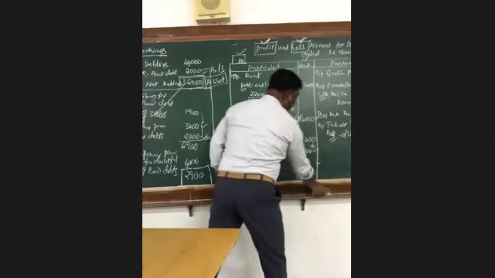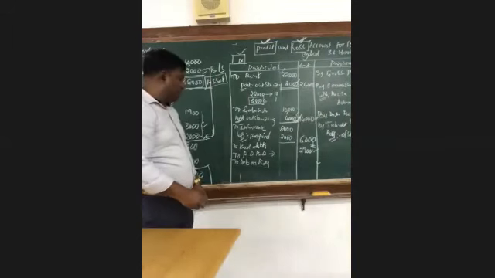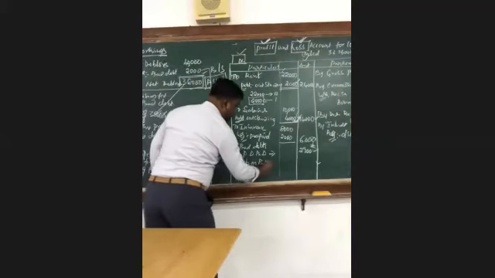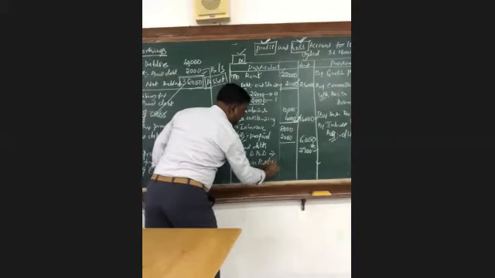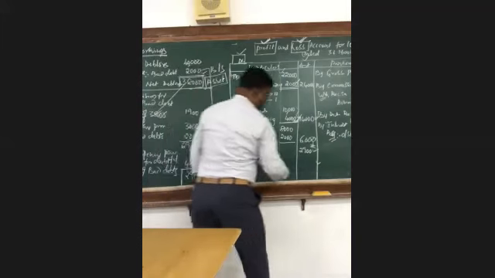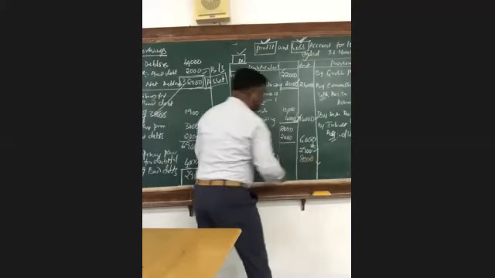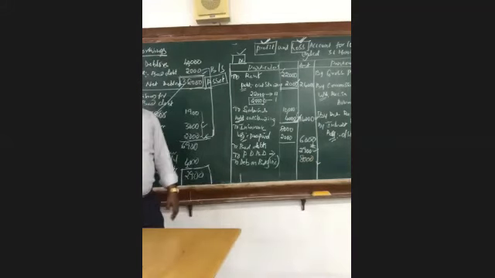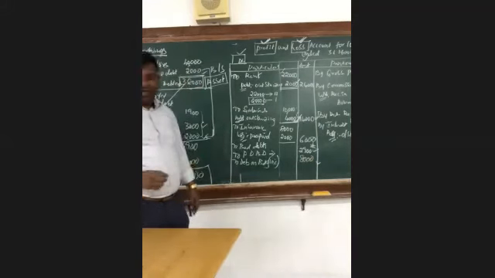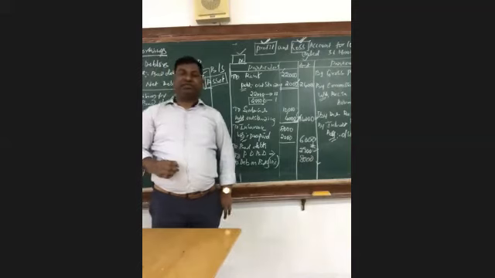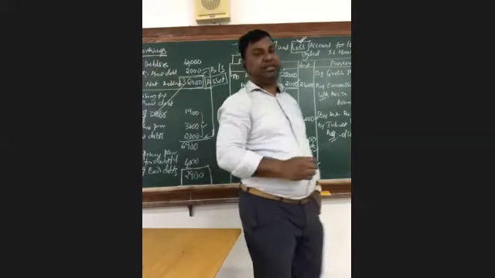This is not a space for writing the workings. So depreciation on building 10%. Building amount is 80,000. Depreciation is 8,000. Okay. Anything else left over? Please scan through the problem. Check the problem.